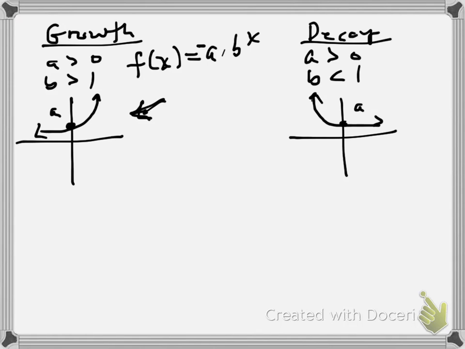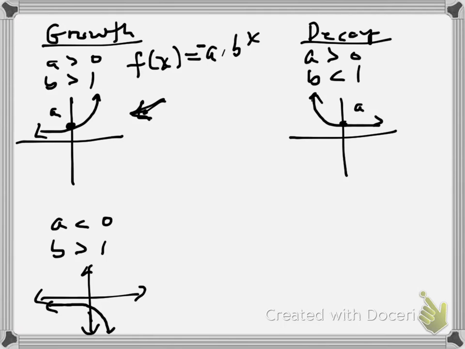So what would happen if my a is less than 0 and my b is greater than 1? Reflect this across the x-axis, and what you would find is a decay. So there'd be exponential decay there.